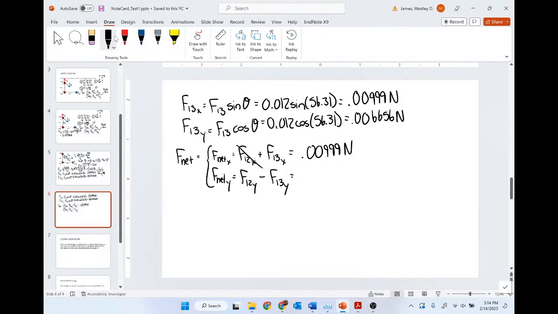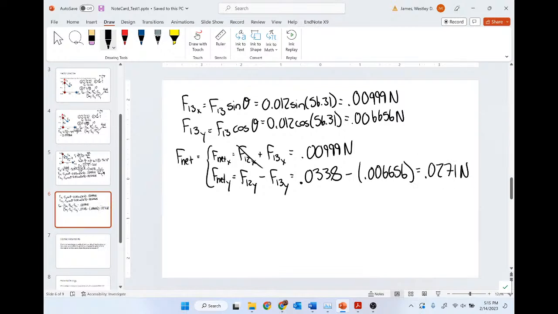Done. This one equals, we take the number that we did before. This is one from our first slide. 0.0338 minus 0.006656. F12y we solved in the first slide. That's where I got that number from. F13y I got right here. That equals a number. We're on the home stretch, y'all. 0.0271 newtons. All right. If you get to this point, that's pretty good.